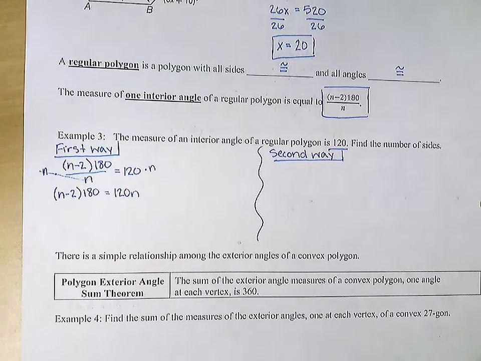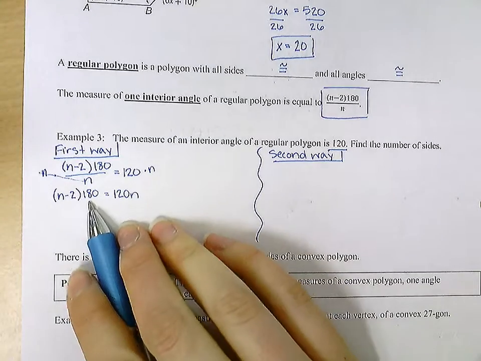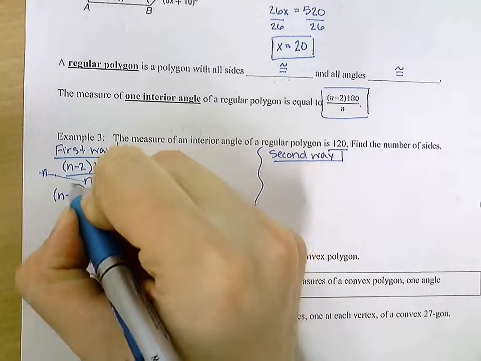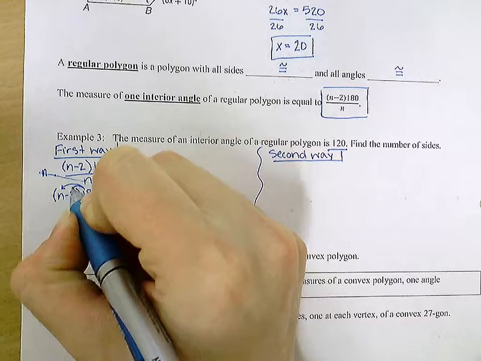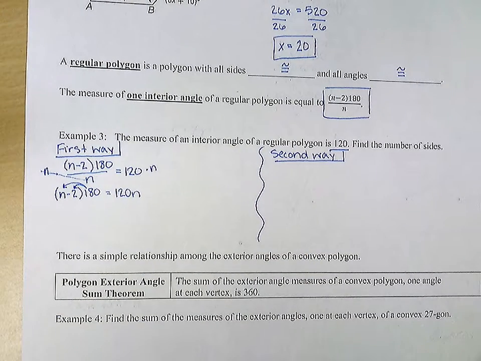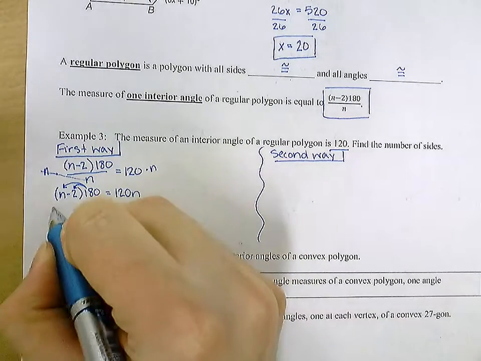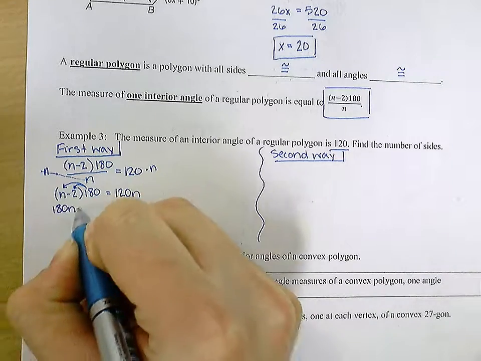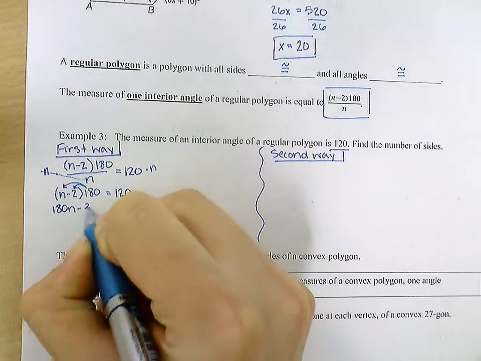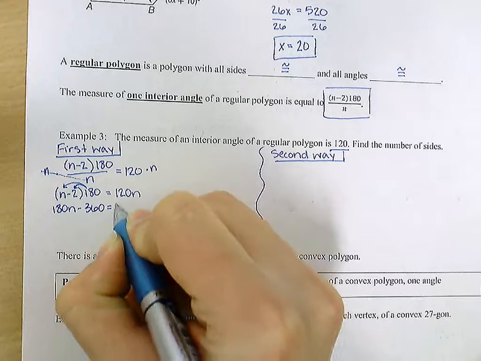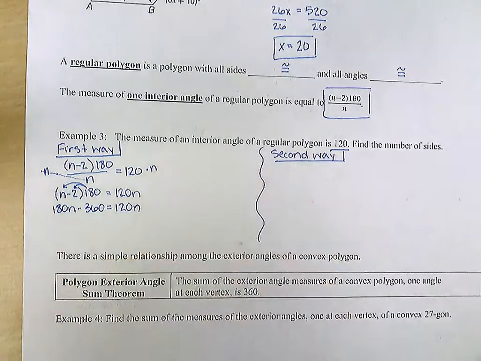So I have (n minus 2) times 180 equals 120n. Next, I'm going to distribute this 180 into my two values inside my parentheses there. So when I do that, I have 180n minus 360, still equal to 120n.